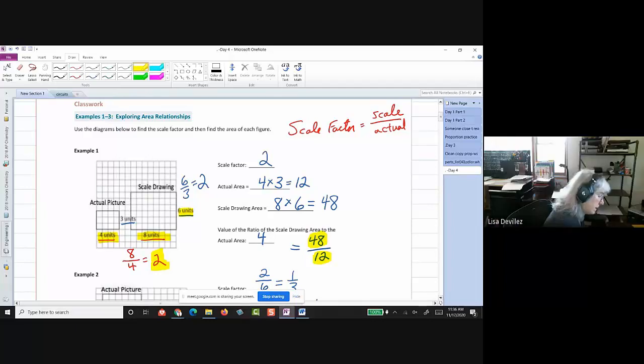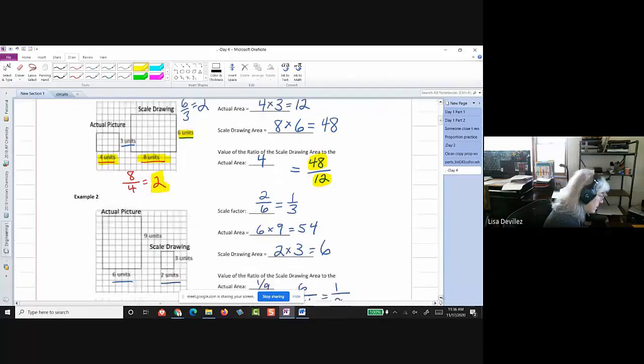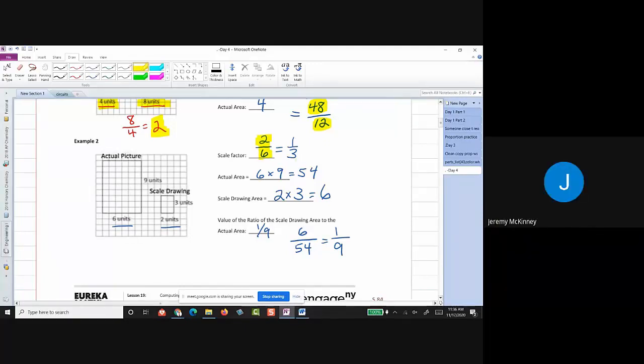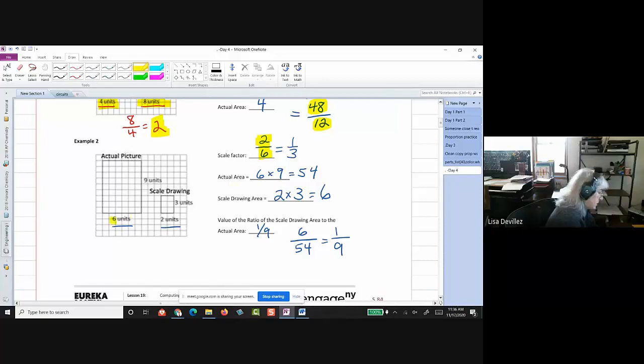Okay. And then we did the same thing with this one down here, except this one, the actual is bigger than the scale. So our scale factor is 2/6 or 1/3. And our actual area is 6 by 9.